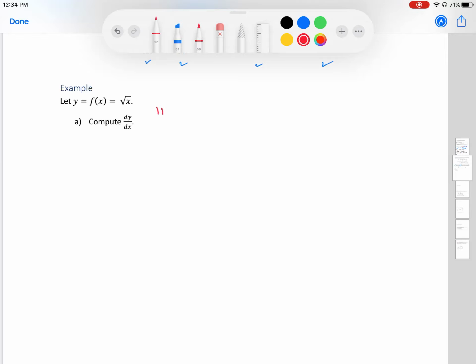So we have the limit as h is approaching 0 of f of x plus h minus f of x all over h. So we still apply our limit definition to this function. f of x is equal to the square root of x. Okay, let's work it out. So we have the limit as h is approaching 0 of f of x plus h.